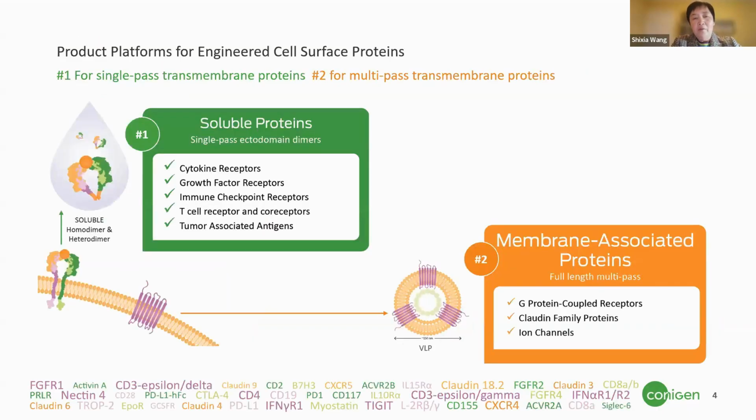So here, I'll give a brief introduction about the protein platforms. The first platform is focusing on the single transmembrane domain proteins. Those proteins form natural dimers on the cell surface.